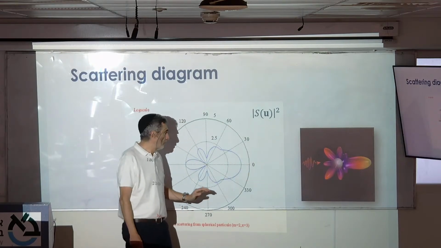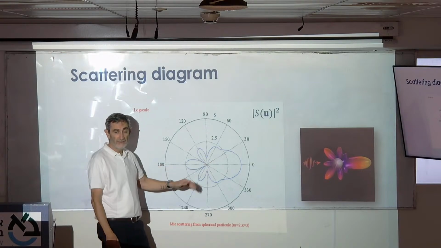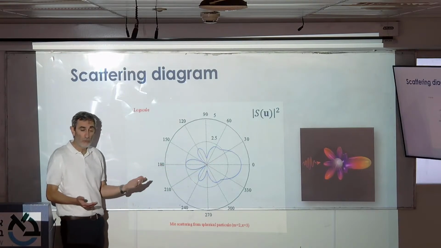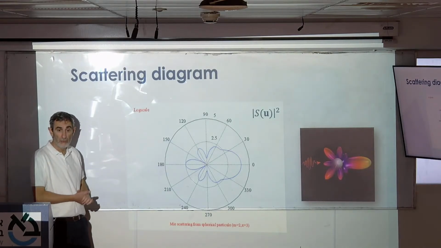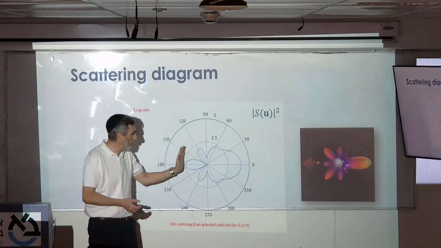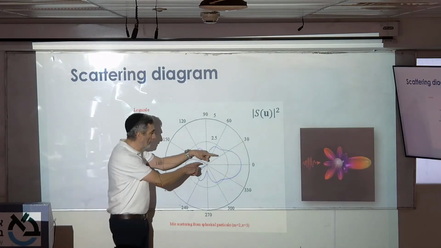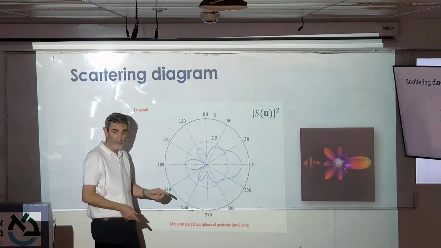What we are looking at here is the part of this incident wave that has been scattered, that has been lost from the initial plane wave. Part of the wave will be lost in all those directions of scattering.